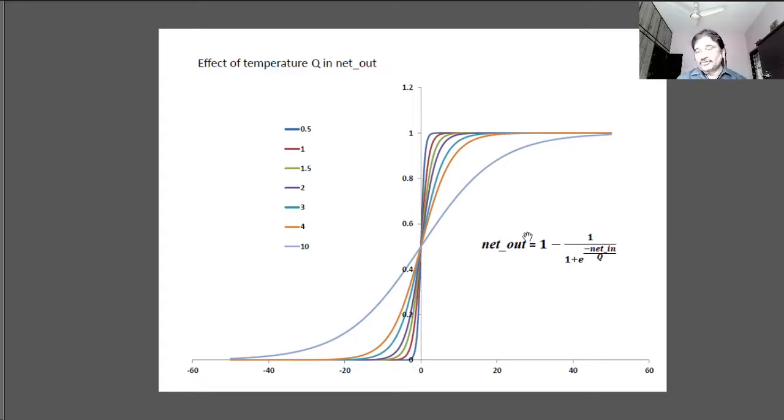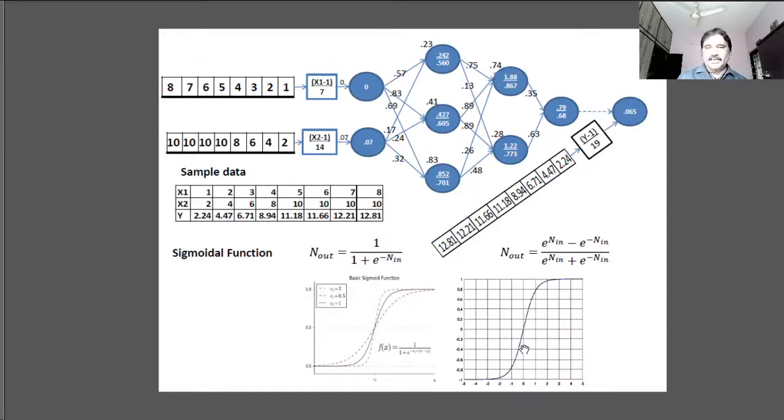So you may not always be using the sigmoidal function in its original form like given here. You may divide the net input by q, so that you get a more sensitive sigmoidal function.